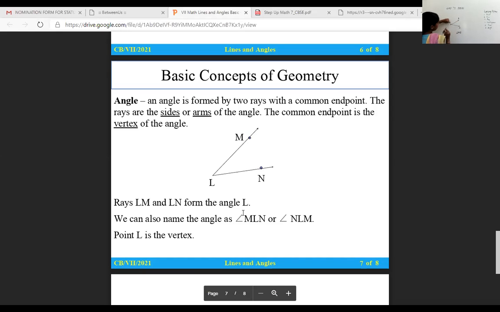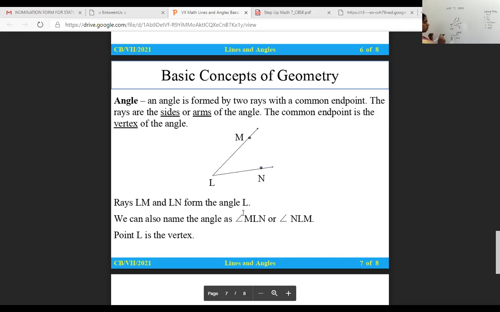And one more thing, this common point is called the vertex, and the two rays are called the arms of the angle. So point O is called the vertex, and ray OA and ray OB are called the arms.